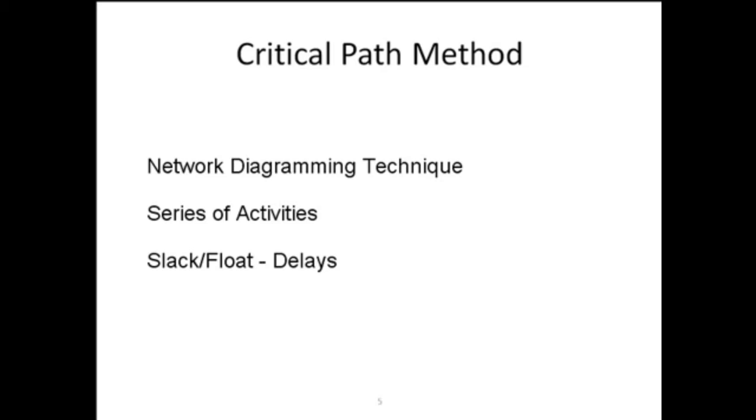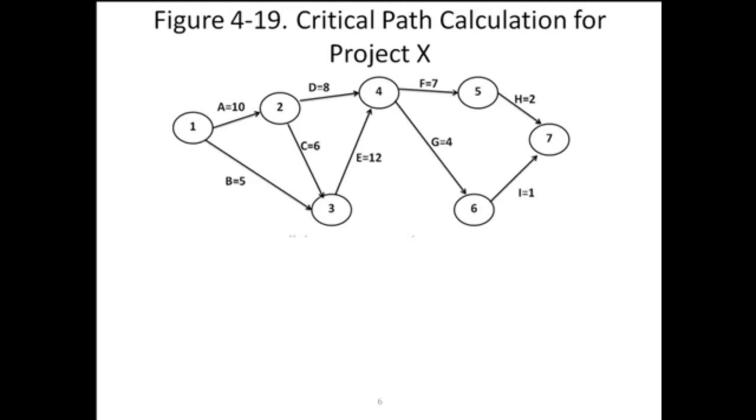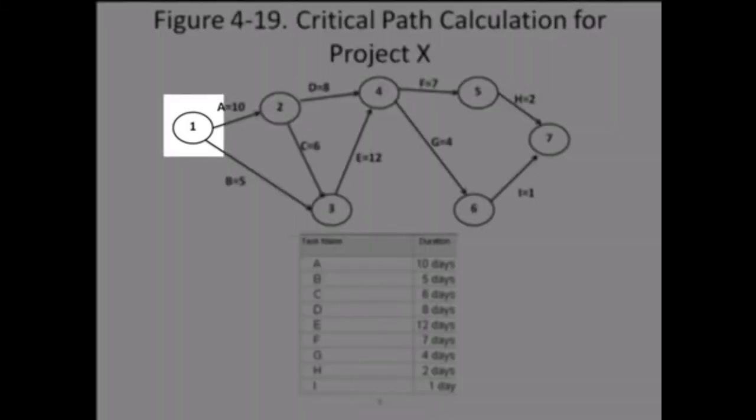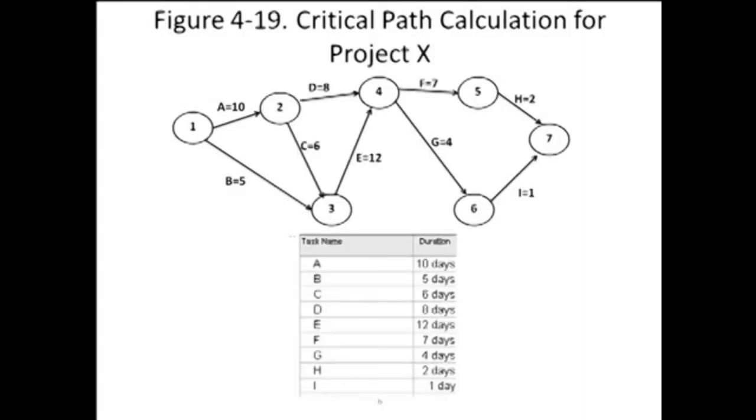Let's look at this same data as was shown in the Gantt chart previously using the critical path method. Here is the critical path for a particular project. The circles are called nodes and are simply the starting or end points and activity junctions. Here's the associated Gantt chart listing the activities A through I. You will notice that from the starting point of the project, node 1, there are 2 activities whose durations are 10 and 5 days respectively.